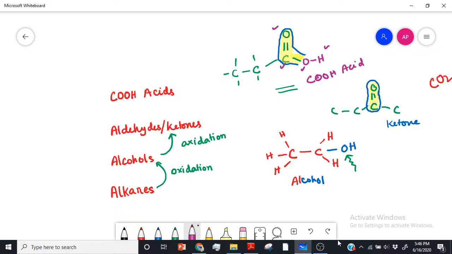Now over here we have the addition of one further oxygen, that means this is also oxidation.